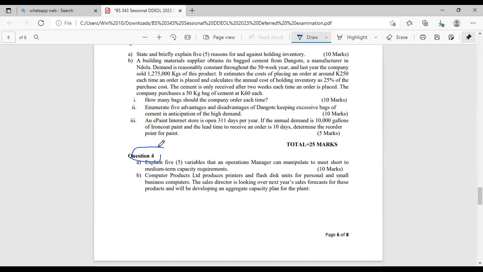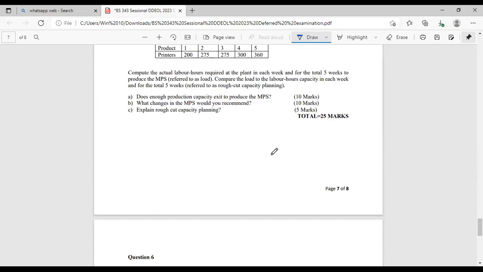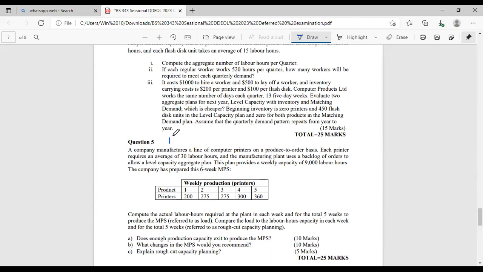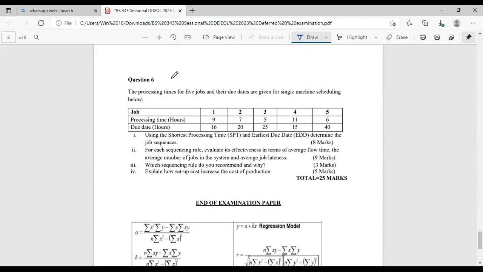Question 4 was on aggregate planning. Then the other one was on MPS, which is master production schedule. And then this one was on shop floor planning. Okay, so this one was shop floor planning.